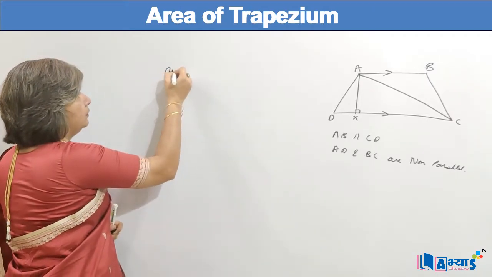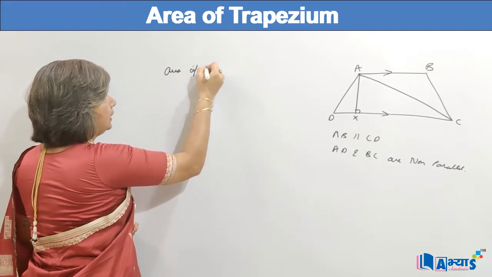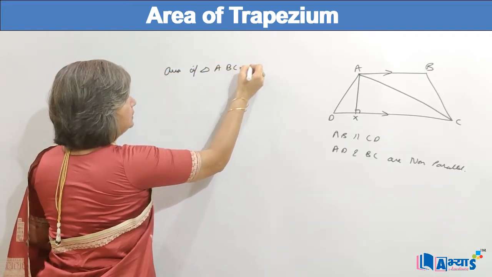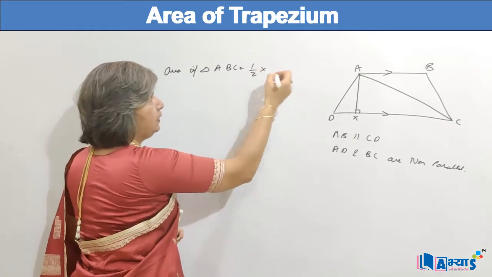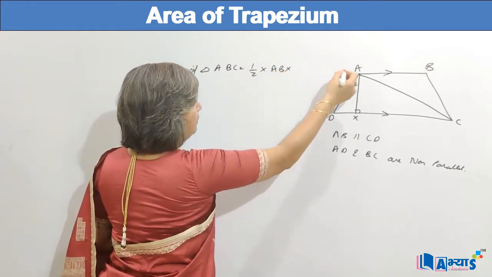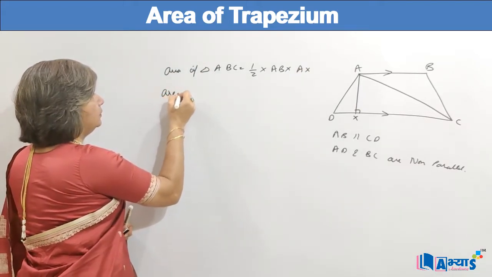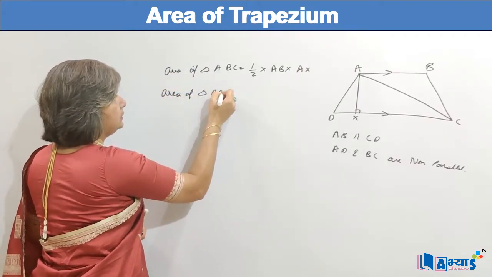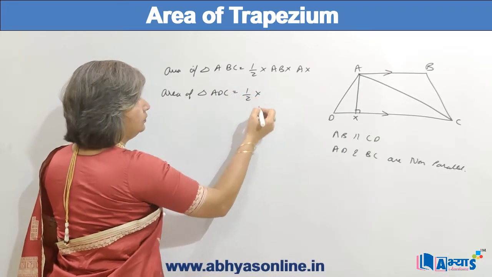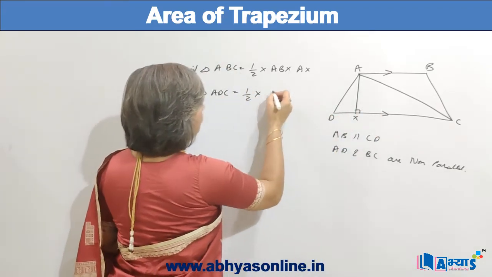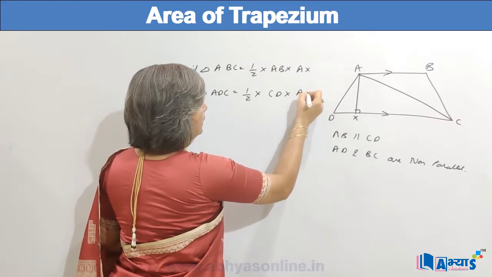Area of triangle ABC is half into base. Base will be AB and the height will be AX. And area of triangle ADC is half into, now the base will be CD and the height will be AX.